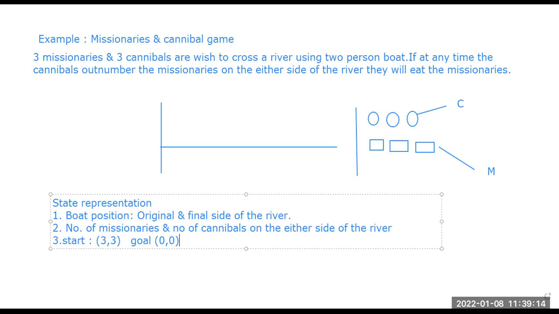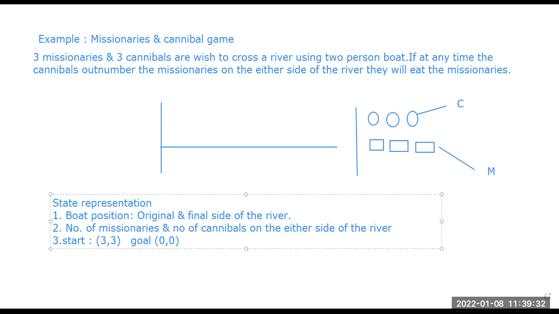But the constraint is that the number of cannibals should not be greater than the number of missionaries. It can be equal or less, but the number of cannibals cannot be greater than the missionaries. Now, how can we do that?